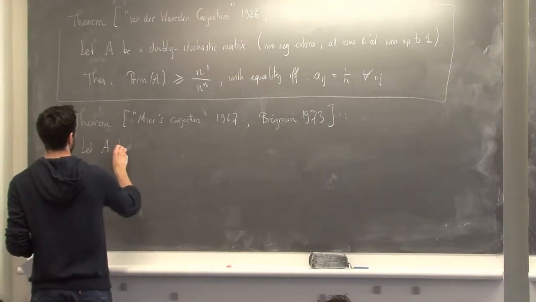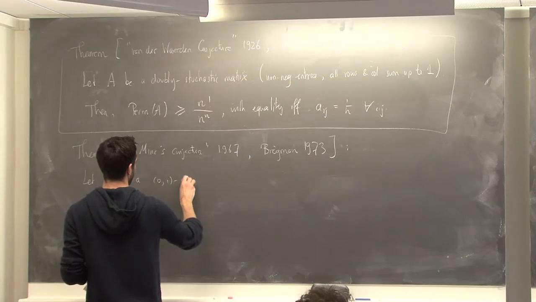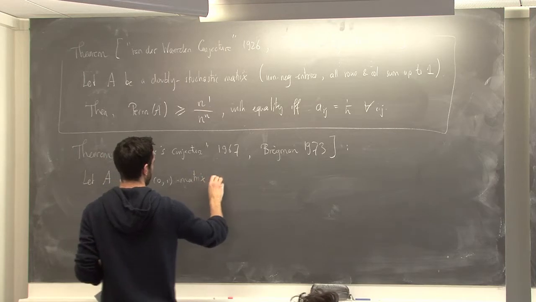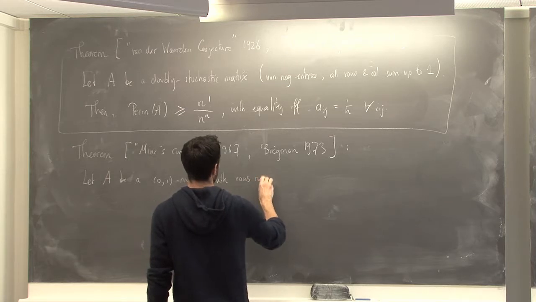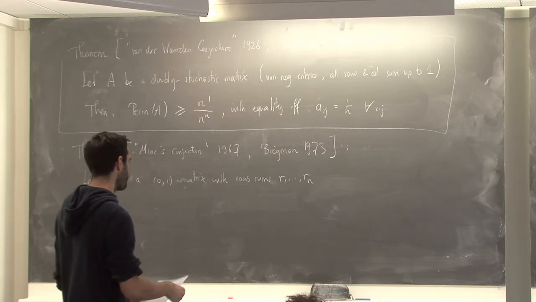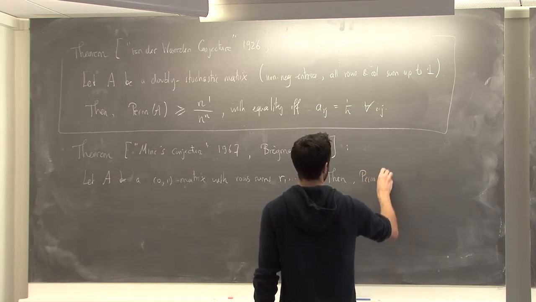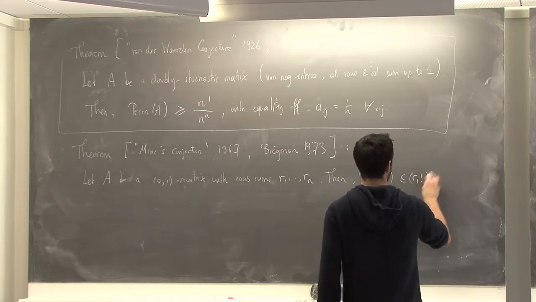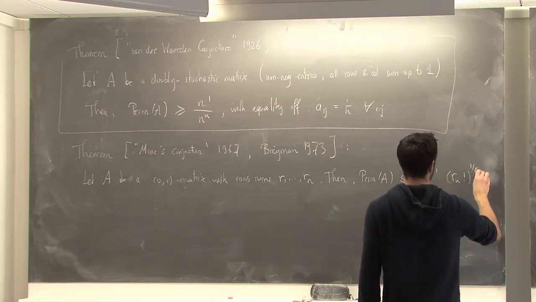Let A be a 0-1 matrix with row sums R1, ..., Rn. Then the permanent of the matrix is less or equal to (R1 factorial) to the 1 over R1, etc., times (Rn factorial) to the 1 over Rn.